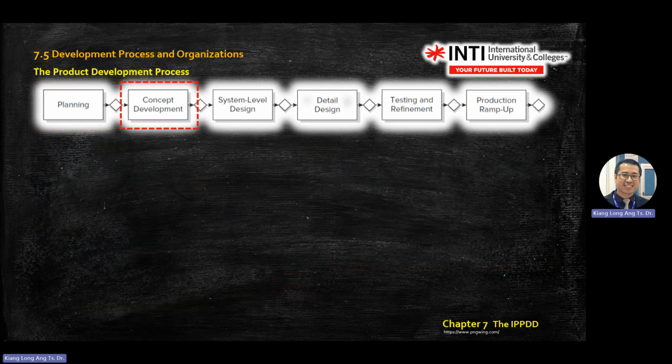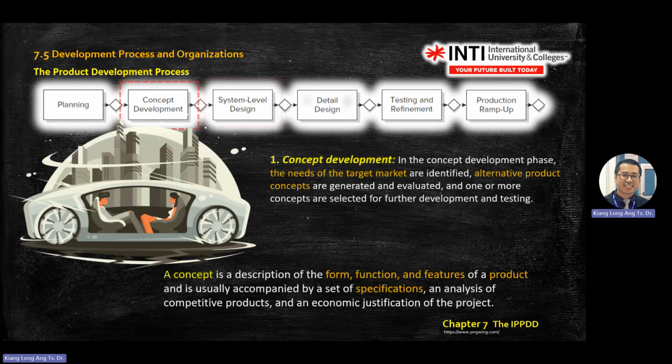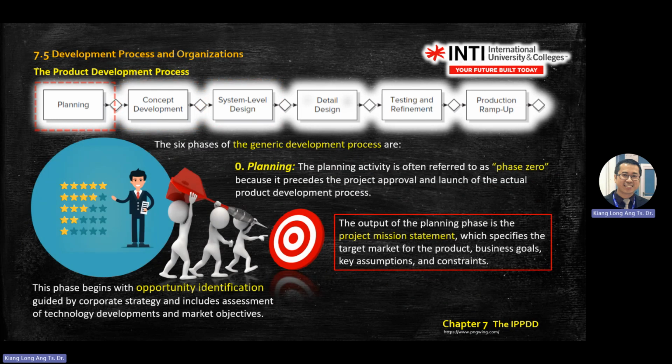Okay, concept, system. As you can see here, I give you some pictorials. Planning is getting an overview of what you want. Sometimes they refer to this as phase 0.